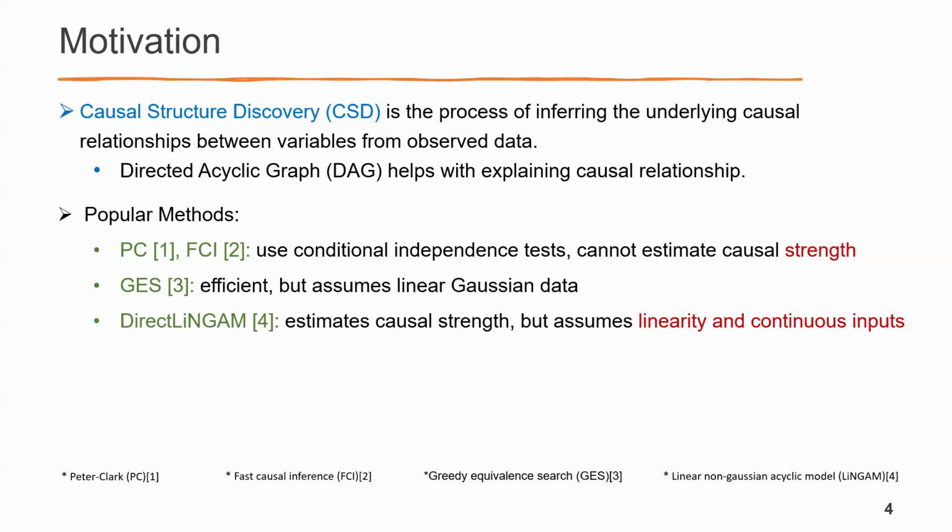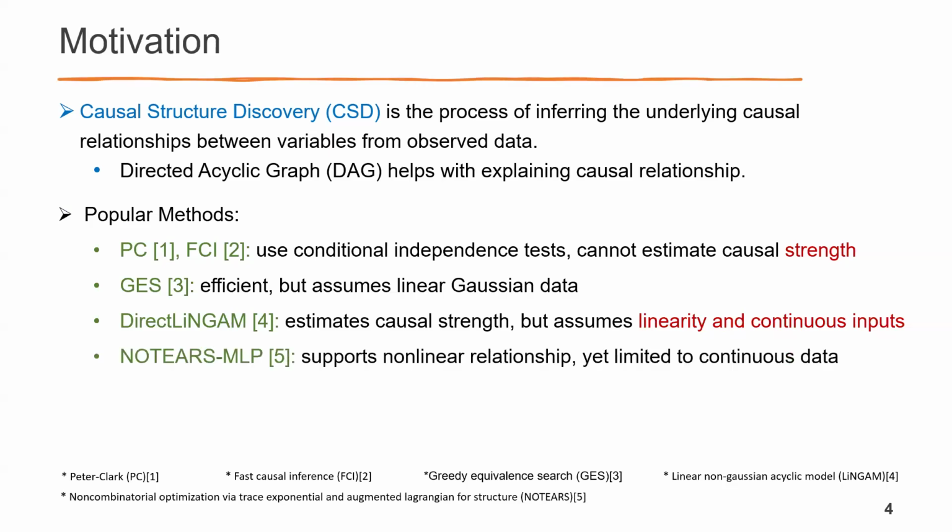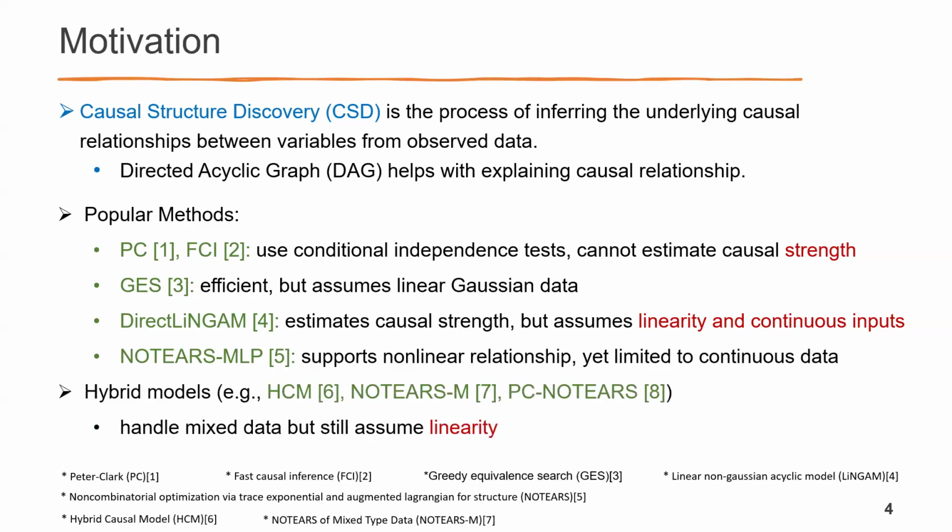Another model, DirectLiNGAM, estimates causal strength but assumes linearity and continuous input data. The last model is Notears MLP, which supports nonlinear relationships. However, it is limited to continuous data.